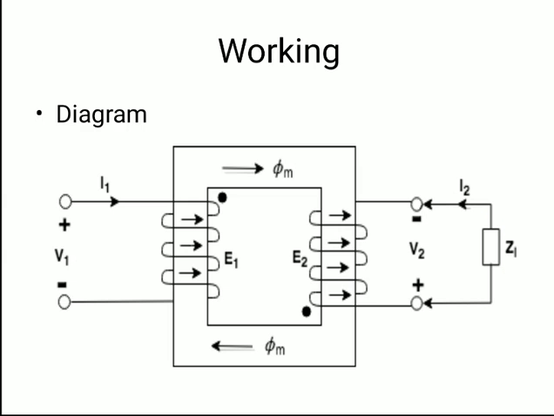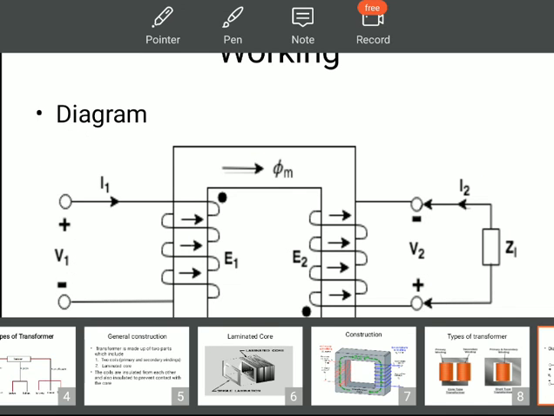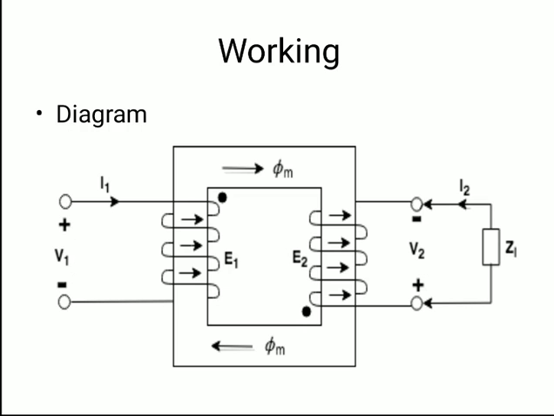So our definition was, it is a static device. There is no moving part, and it transfers electrical energy from one AC circuit to another AC circuit, with increase or decrease in the voltage or current, but without changing its frequency.